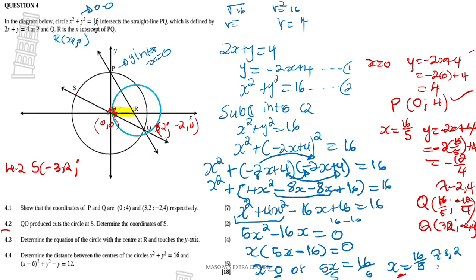Then at the y value, the difference between Q and 0 is negative 2.4, meaning that you have to add another negative 2.4 on that side, for which, as you can see, your y value will be positive, meaning that you have 2.4.